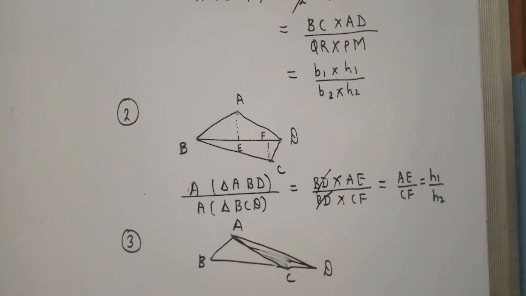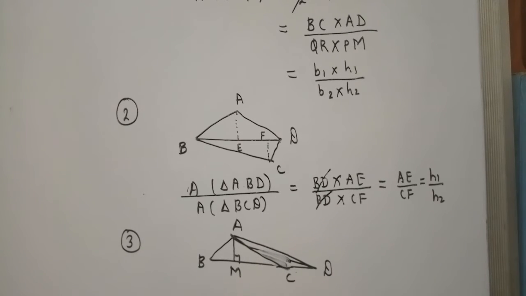Here I'll be comparing the areas of ABC and ACD, where you see ACD is an obtuse angle triangle, and if I draw the altitude from here to here, let's take any point M. Now let's compare these two areas.